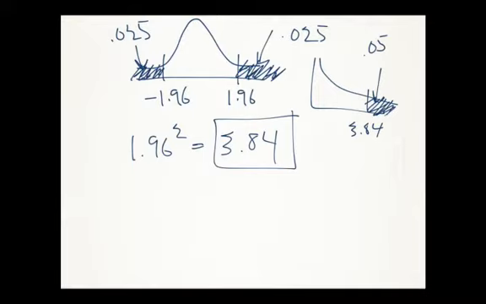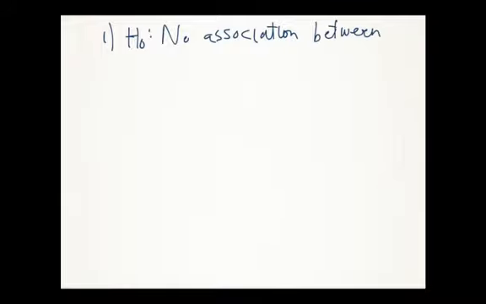Okay. So let's do a chi-square test, and a hypothesis test with the chi-square rather, going through our 7 steps of hypothesis testing. Okay. So we write our null. The null hypothesis here is that there's no association between SNP, remember the single nucleotide polymorphism, and disease progression.